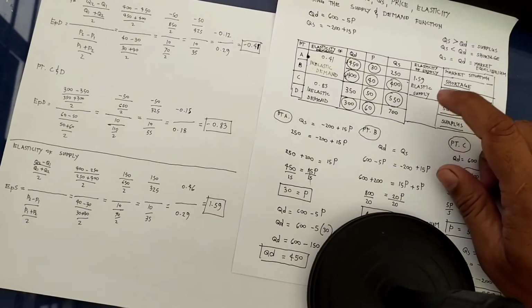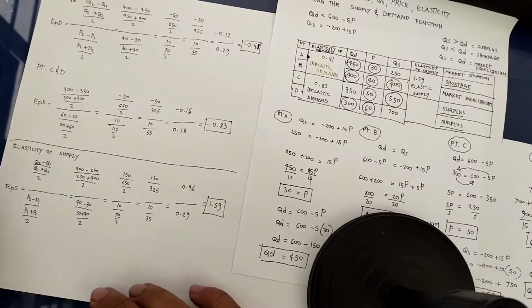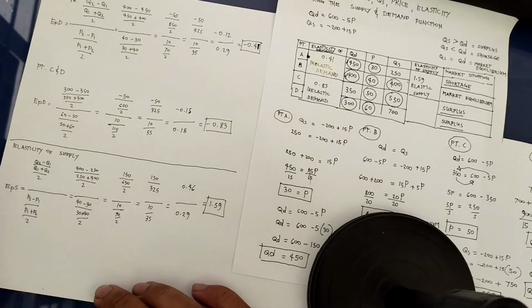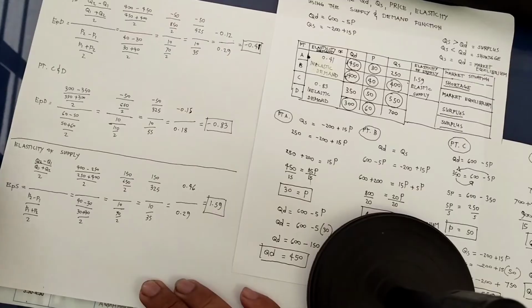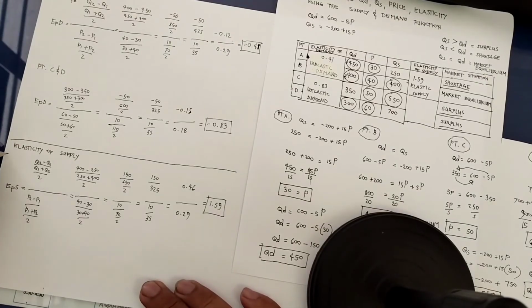Okay, next is point C and D. So this is point A and B, then next is point C and D. Still the same formula, so we will just go directly to the computation.